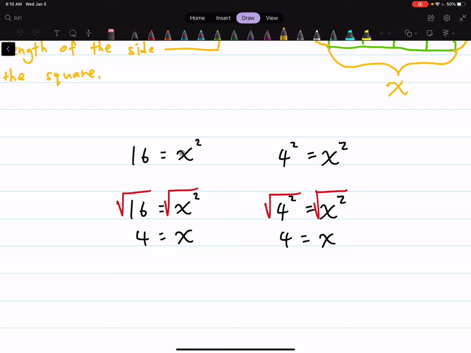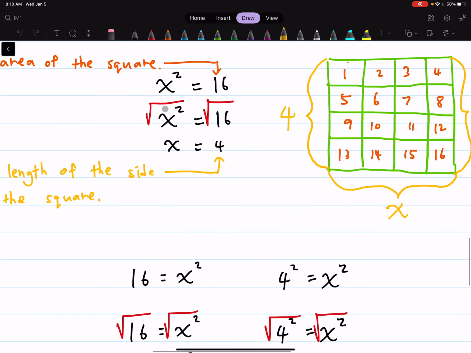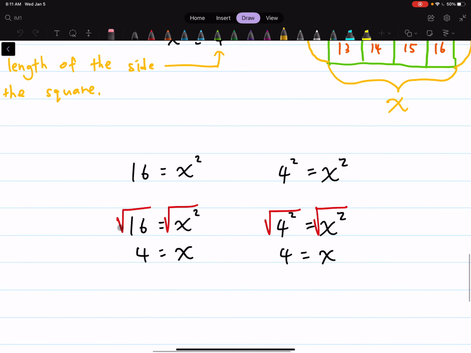So this statement is actually the same thing as this statement right here. And so what I do is, like I did before, I take the square root of both sides. This statement is exactly the same thing as this statement, because 4 squared is in fact equal to 16.